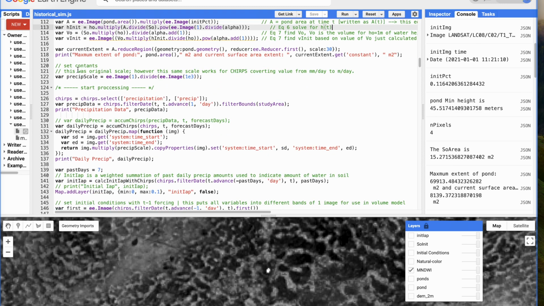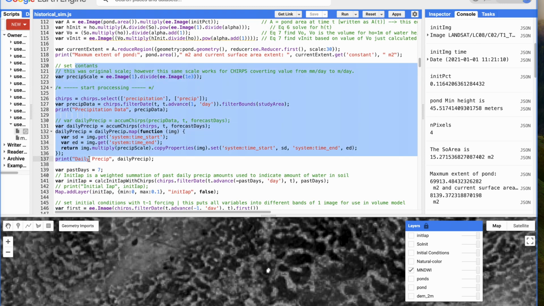So on this line of code, this is where we are taking our CHIRPS data, our meteorological data, and because the CHIRPS data provides you a daily value, we're doing an accumulation for our time period within the CHIRPS value that we are using.